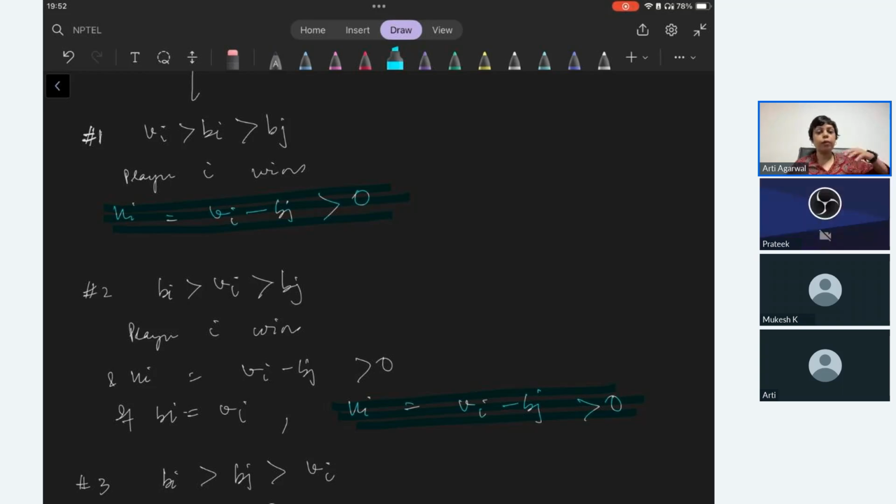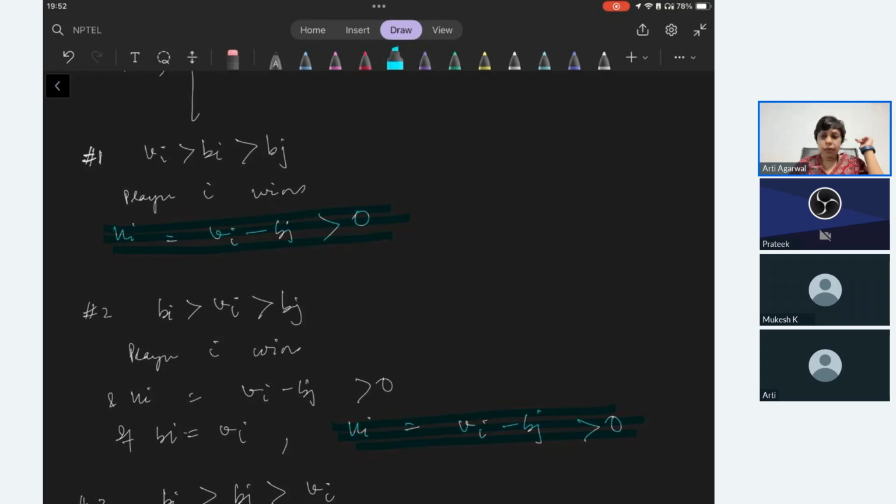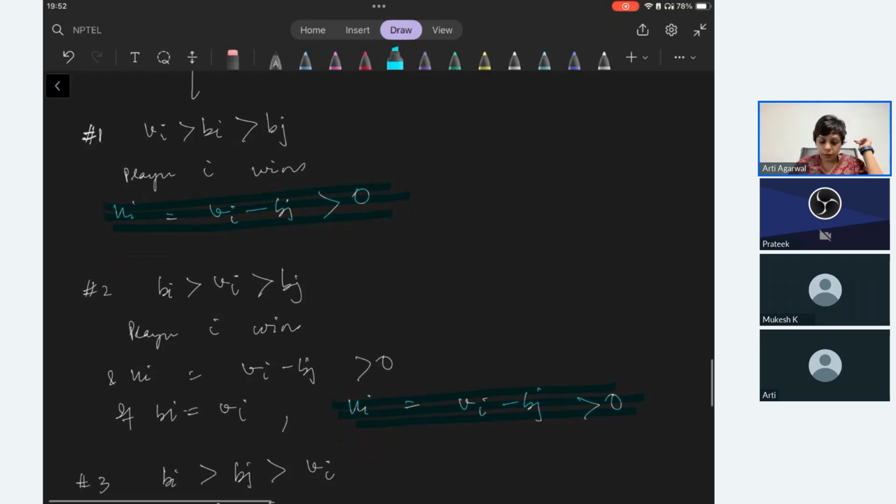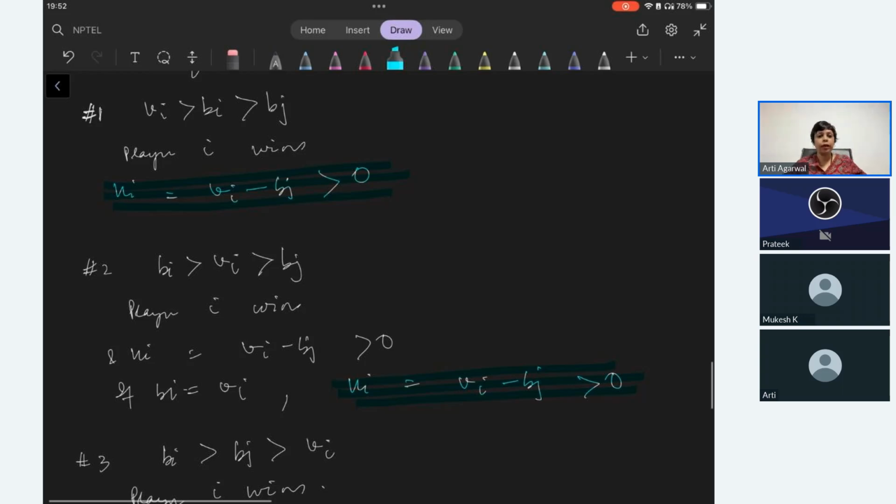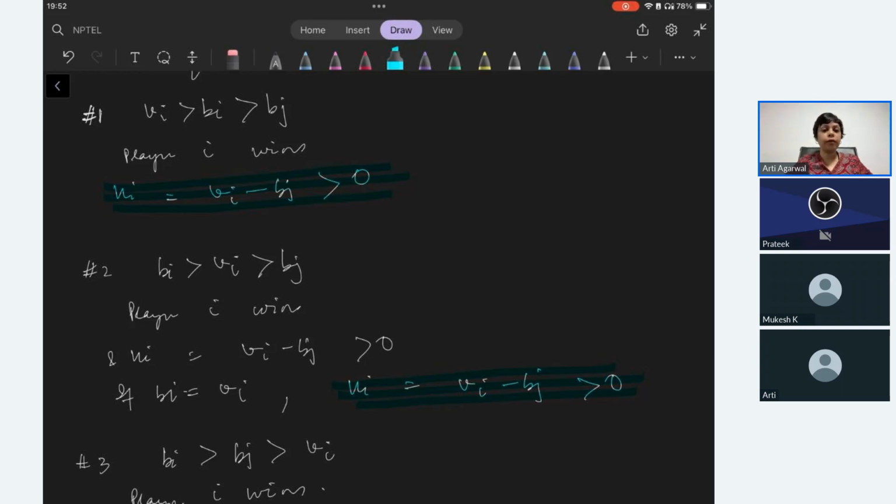Because if you bid higher than vi and you end up winning and your vi is actually less than bj, then you lose, right? Which is what happens in the third scenario. But in the first two scenarios, you can see that bidding equal to vi or bidding greater than vi is giving you the same payoff.